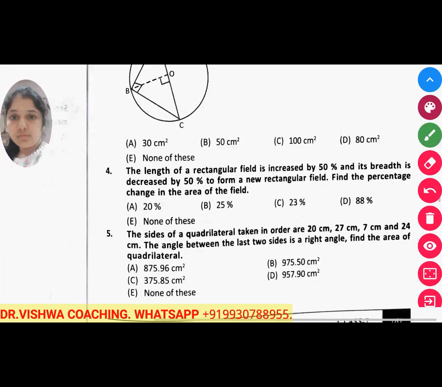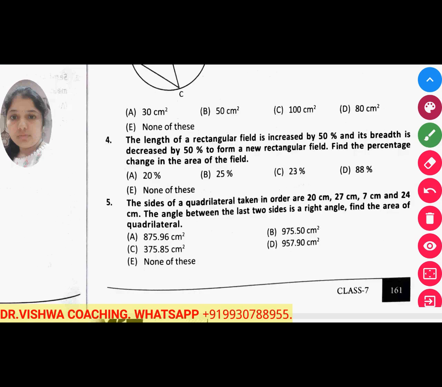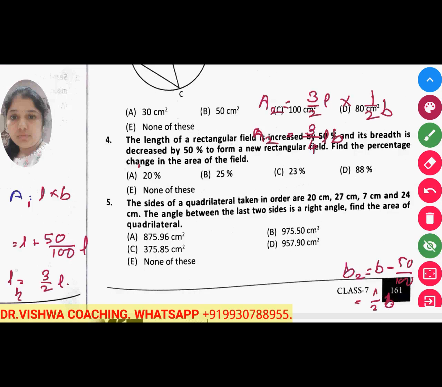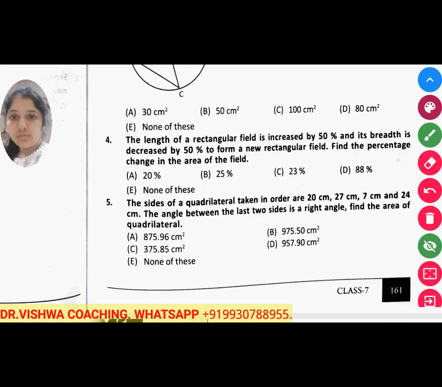We first wrote the formula for the original area, which is L into B. Now length is increased, breadth is decreased, so we got the new area as 3 by 4 LB, and then we found the difference in the area and then the percentage change of the area of that field, which is 25%. So option B is the correct option.